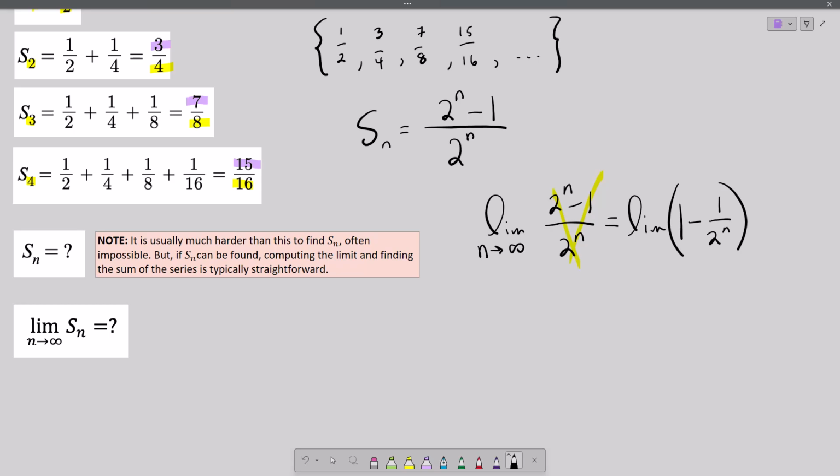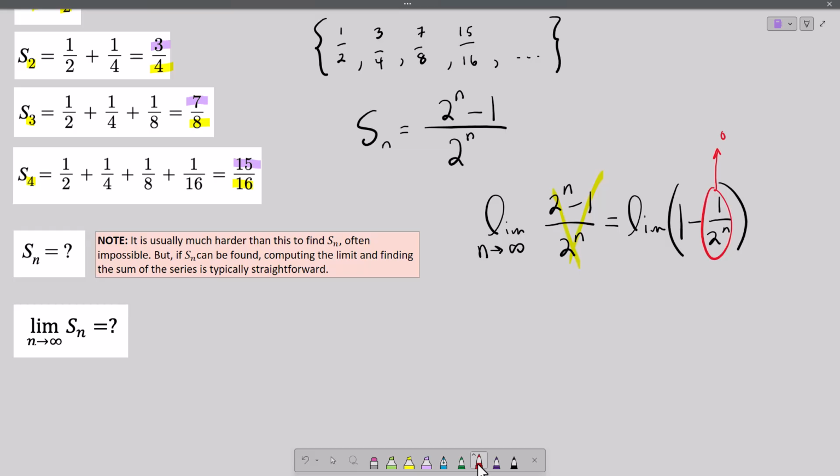We have a constant, limit of a constant is itself. And then we have a basic fraction where the top is constant at 1 and the denominator is going towards infinity. So where is 1 over 2 to the n going? 0, right? That is going to 0 because the denominator is going to infinity.